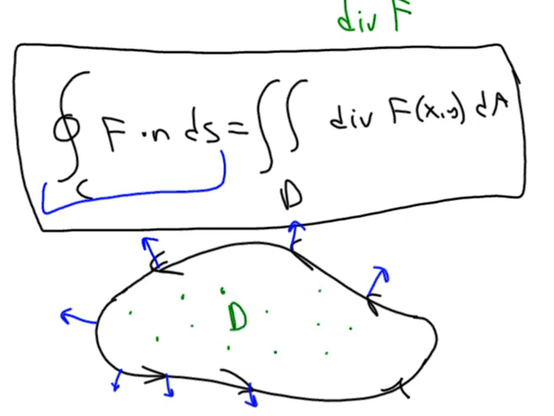The sum of all those divergences added together would be the same as the sum of all these outward normal vectors to the curve. So it makes sense that we can get the total amount of divergence or flux through this curve two ways. That's what this is really saying.